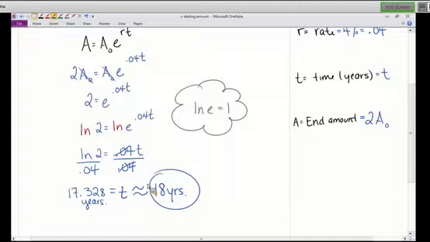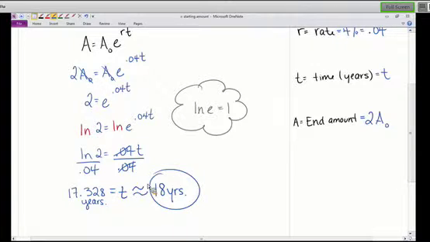Any questions on 9? It depends on the question. If they're asking us how long it takes to double your money, you can't round it down.